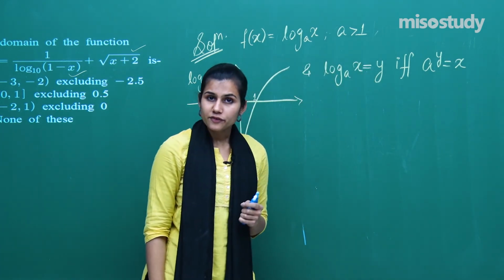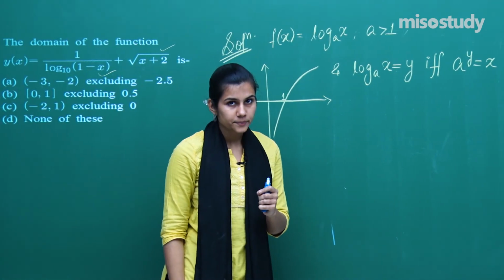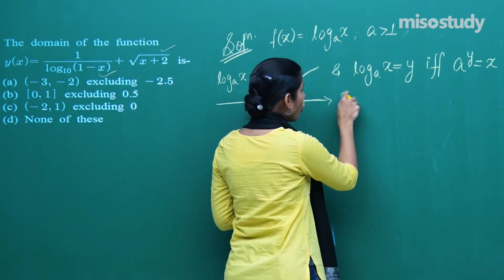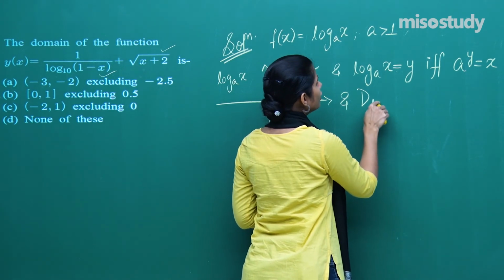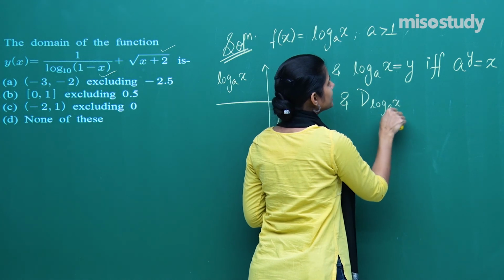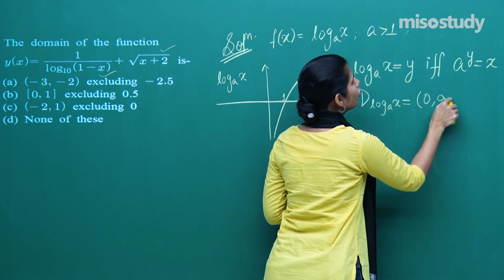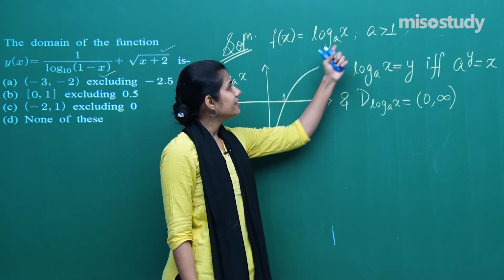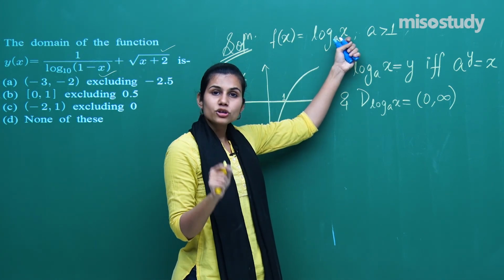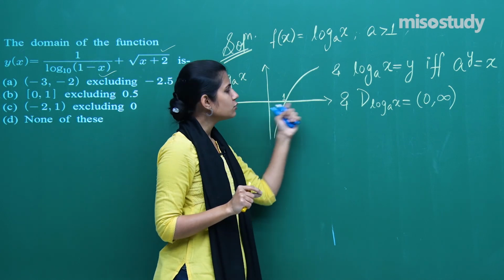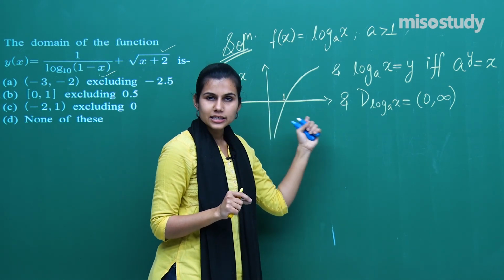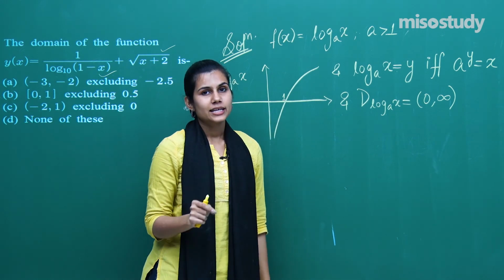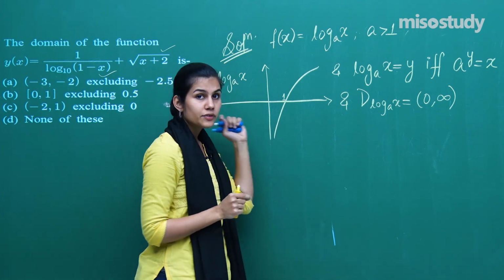That is the definition of the logarithmic function. And we also know that the domain of log x to the base a is 0, infinity. That means inside the log function I can only put those reals which belong to the 0, infinity interval. Log x is not defined for negative reals.